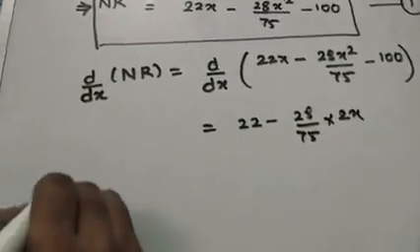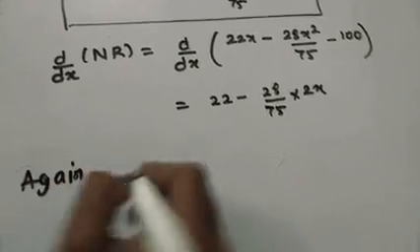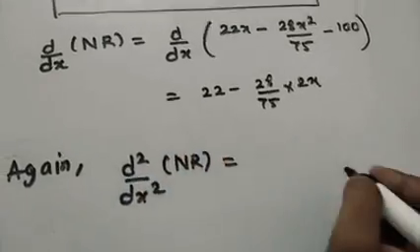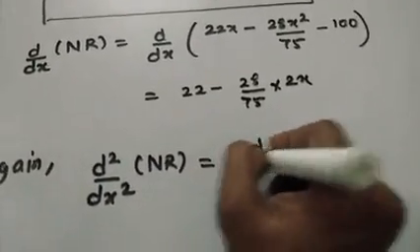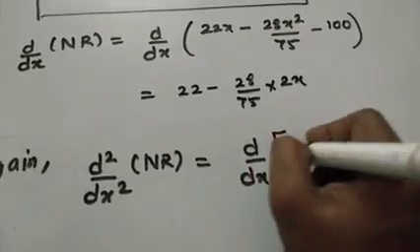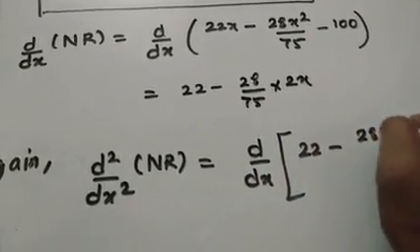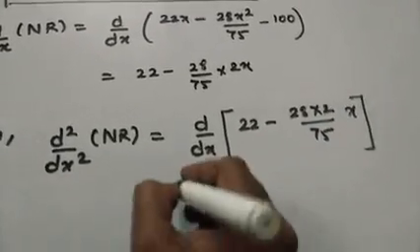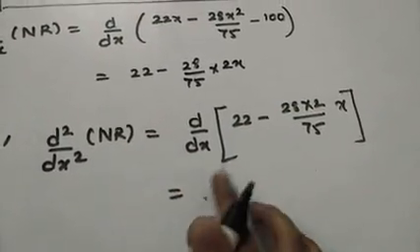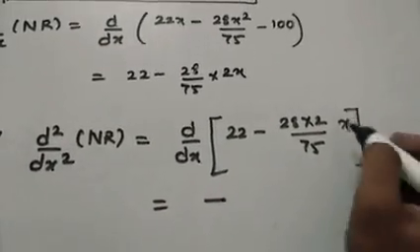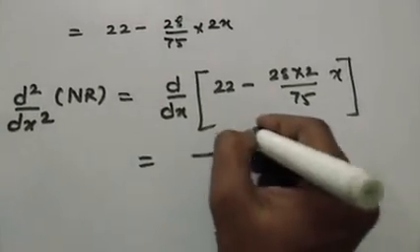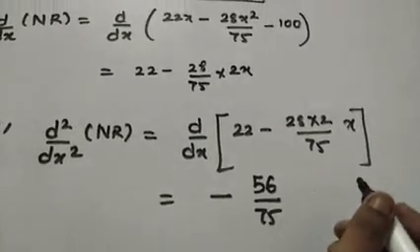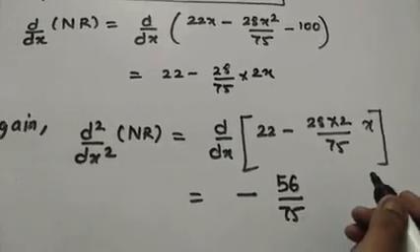Now again, second order derivative, that is d/dx of 22 minus 28 into 2 by 75 x. Now 22 is a constant, 0, similarly like minus. Now here x derivative is 1, so 28 into 2, that is 56 by 75. Okay, so this is second order derivative.